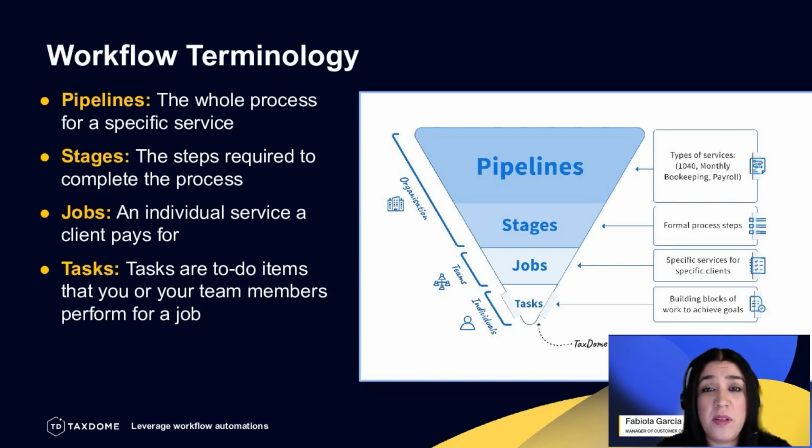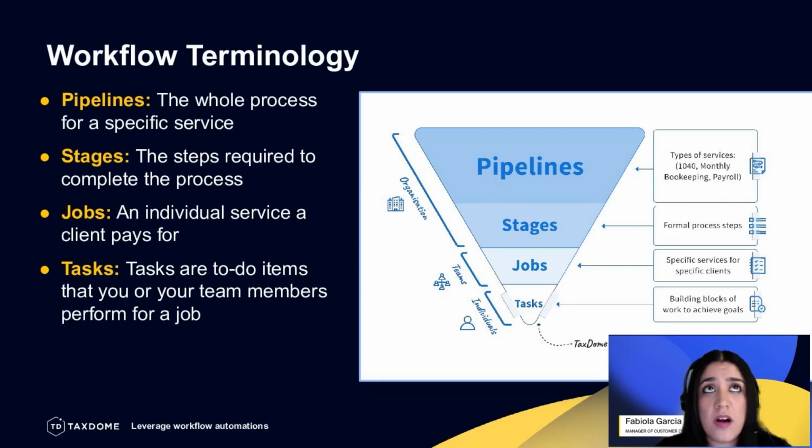It could be a payrolling process. So you can have different pipelines for different services. A pipeline consists of different stages, which are really fragments of your process. So it's really a step that is required to be fulfilled in order to move to the next step. Those are the stages that you'll find inside of a pipeline.